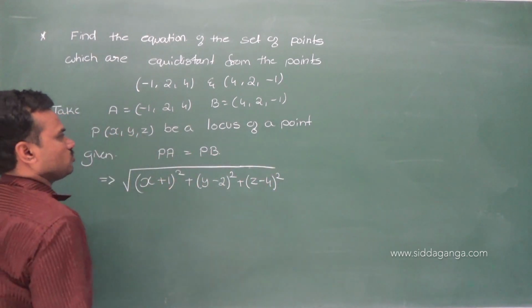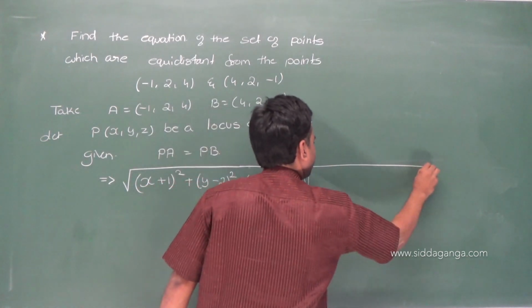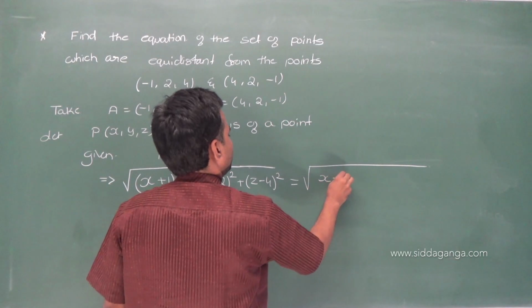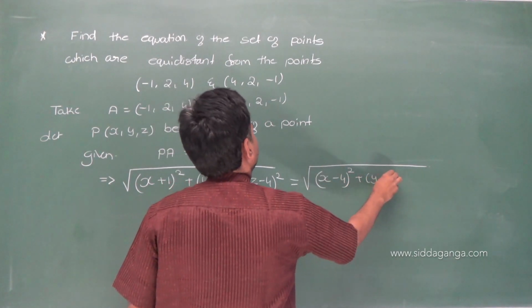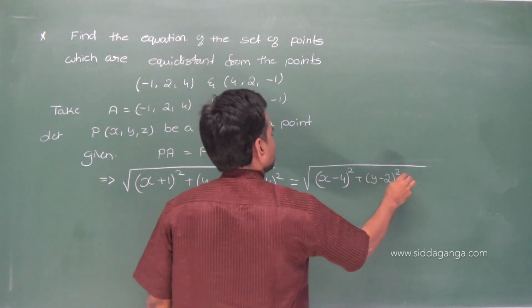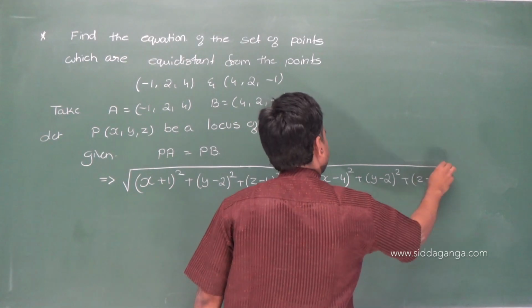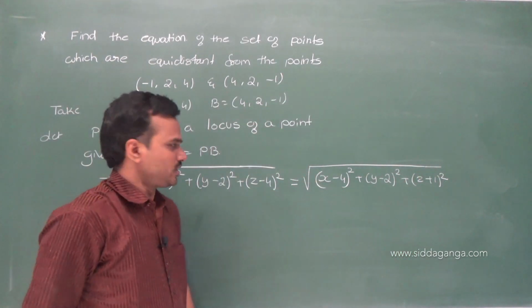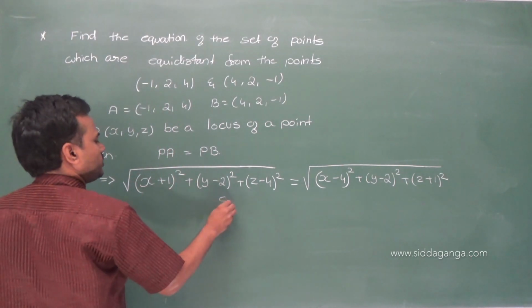P to B is the square root of x minus 4 whole square plus y minus 2 whole square plus z minus of minus, that is plus 1, whole square. Correct now? Okay. So, to remove the square roots, what we do?